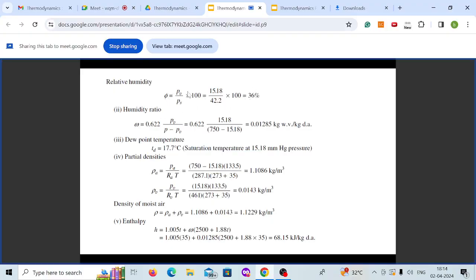From that you can find out your vapor pressure PV, which will be equal to 15.18.